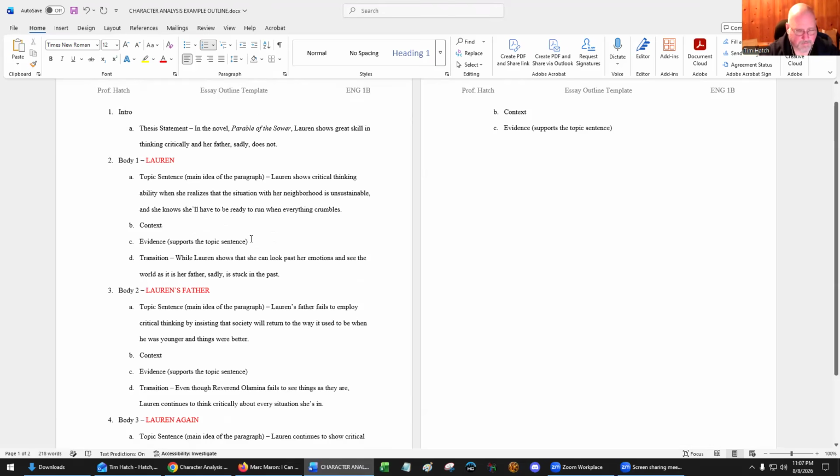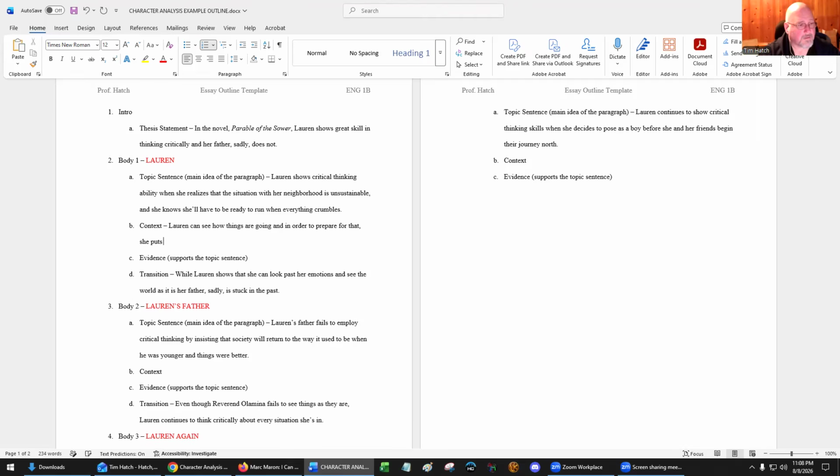So the context for that is going to be: Lauren can see how things are going, and in order to prepare for that, she puts together a ready bag. And then the quote can be the part of the book where she's narrating what she has in the bag: gun, money, clothes, maybe some food. I can't remember what's all in the bag. So that's just setting up the quote.